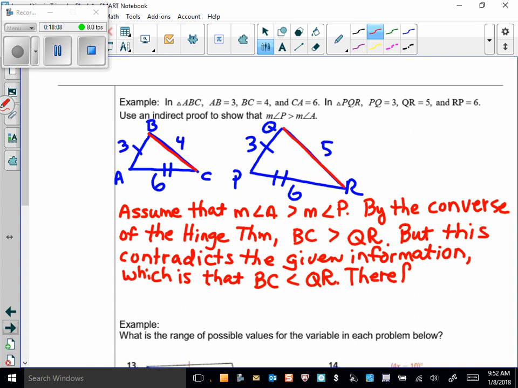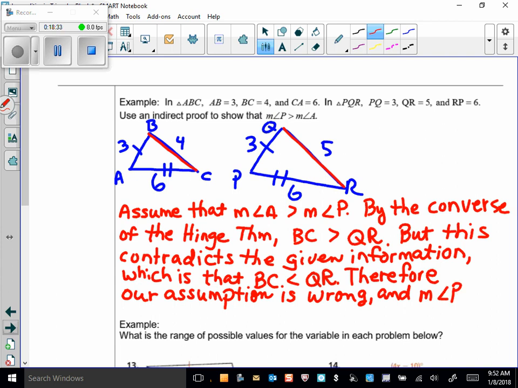Therefore, our assumption is wrong, and the measure of angle P has to be greater than the measure of angle A.